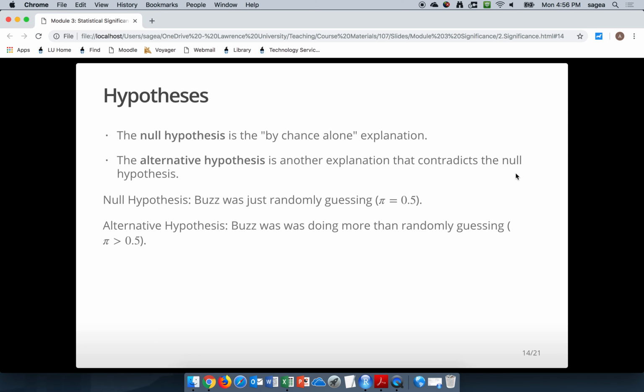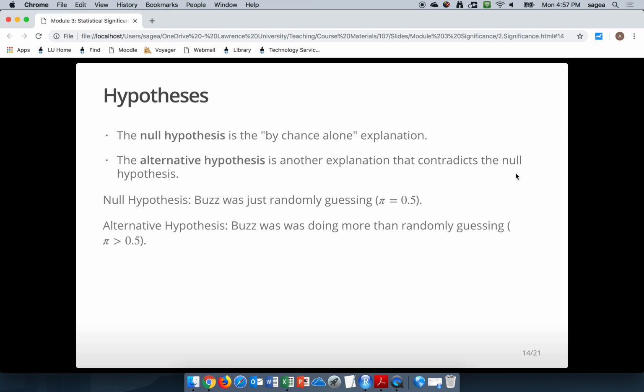In our situation, the null hypothesis would be that Buzz was not really getting any useful information from Doris, but was rather just guessing. Or another way of saying that is that pi, the long-run proportion of times that Buzz would get this right, is exactly 0.5.